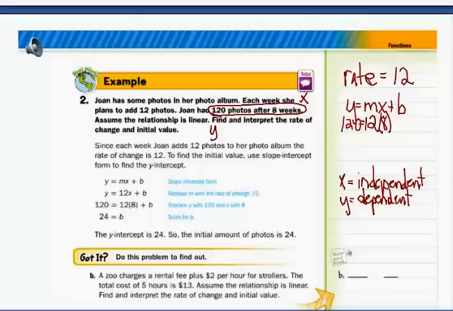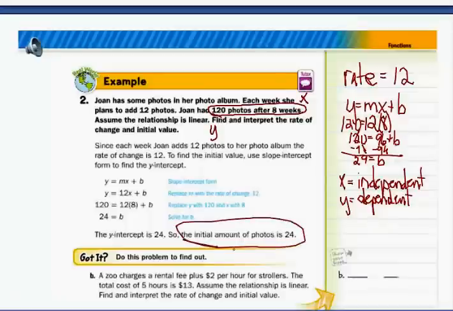So she already has some there. How many did she already have? Well, you've got 120 equals 12 times 8 is 96 plus B. So if I subtract 96 from both sides, that would be 24. So B is 24. So you're looking for the initial amount of photos is 24.